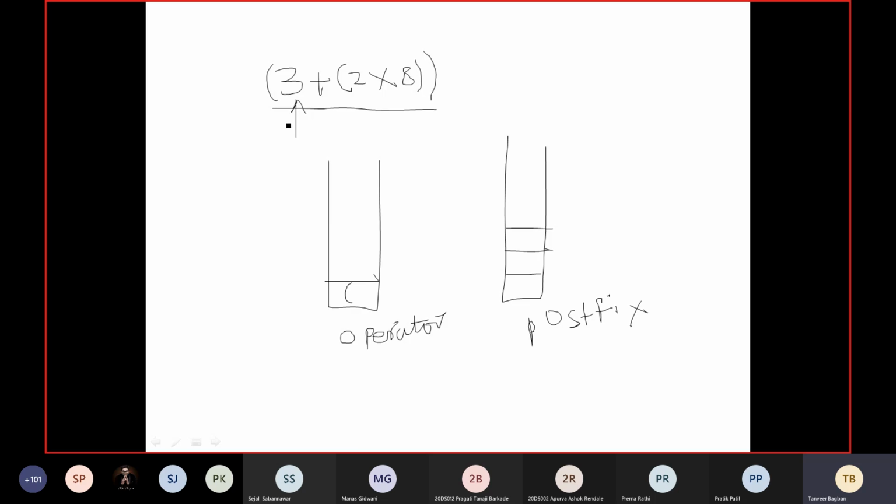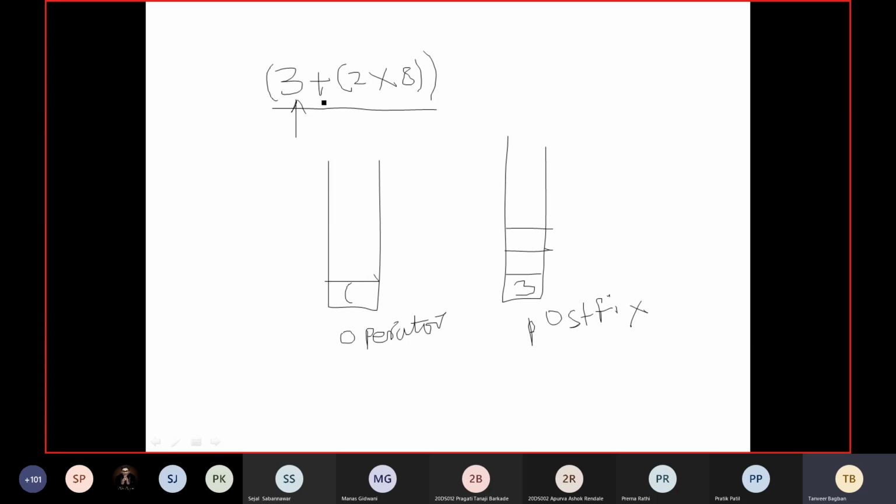Now here, when you read this opening parenthesis, push it into the operator stack. So this opening parenthesis is treated just like an operator. So put it in the operator stack. Now this is the highest priority considered. And then what you read is 3. So 3 is pushed into the postfix stack.